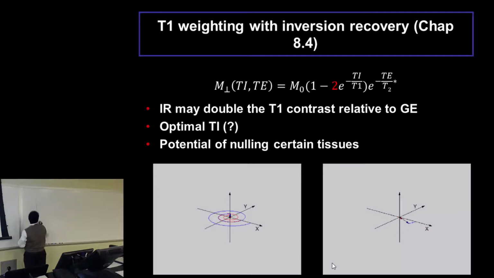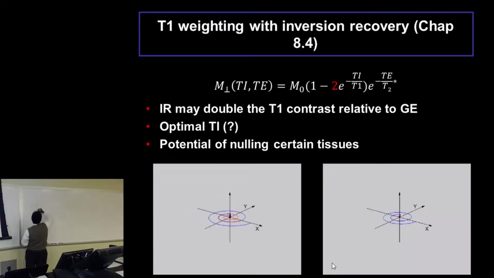But in the case of a 180 degree pulse, it's minus M0 plus M0 times the exponential. Sorry, I think I missed the exponential here. This is your M0, minus M0. That's your recovery, so your actual recovery is like that.